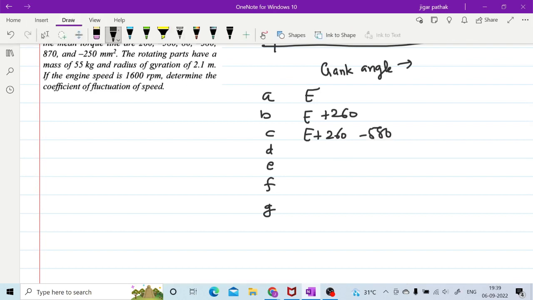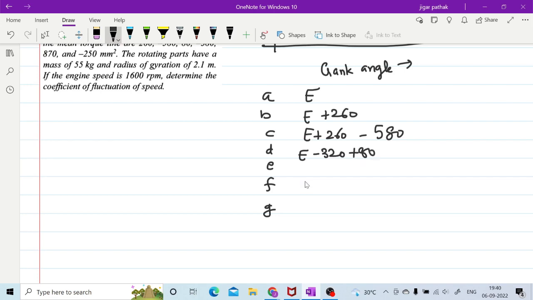So if you simplify plus 260 minus 580, then it is minus 320. So at point D it is E minus 320 plus 80.